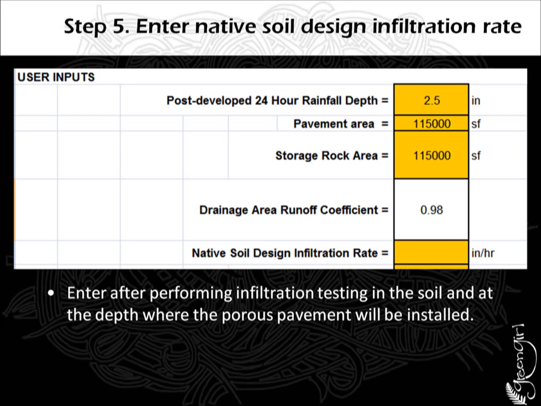I encourage you to look for it, but don't rely on the NRCS Web Soil Survey. That survey was done for agriculture. It was done at a much larger scale than the site scale, and if you're going there and finding the hydraulic conductivity of your soil class, you are not finding the information that you actually need to fill this piece of information in. So only enter this after you've tested the soil where you're going to put the porous pavement in.